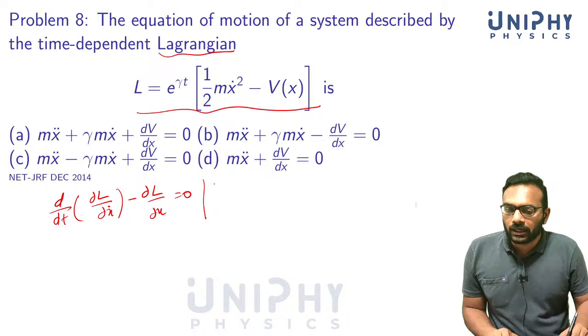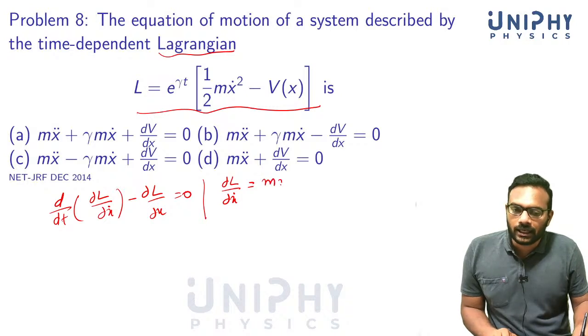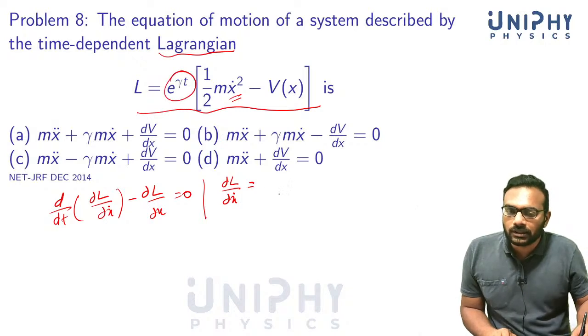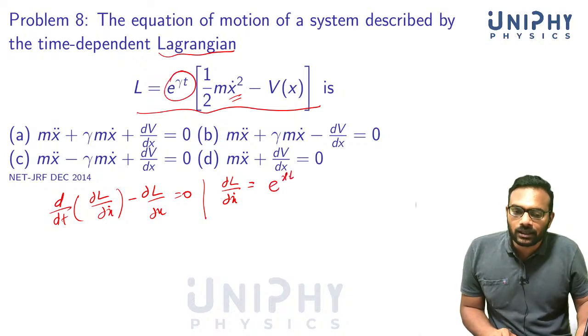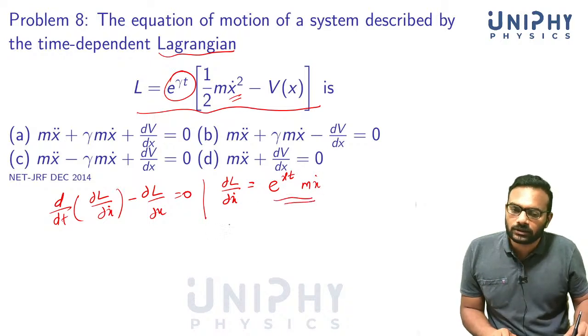You just have to be careful. First you take dou L by dou x dot, and that's equal to, as usual, m x dot, no problem there. This is the only place where x dot appears. Sorry, there's this e raised to gamma t, you shouldn't miss that, so it's e raised to gamma t multiplied by m x dot. That's dou L by dou x dot. What is dou L by dou x?